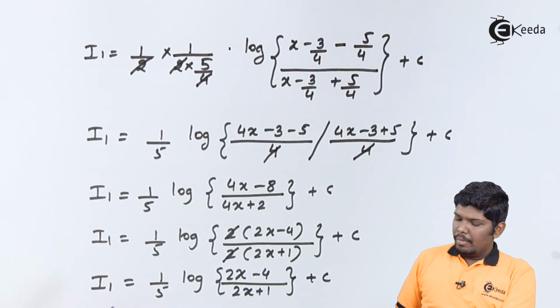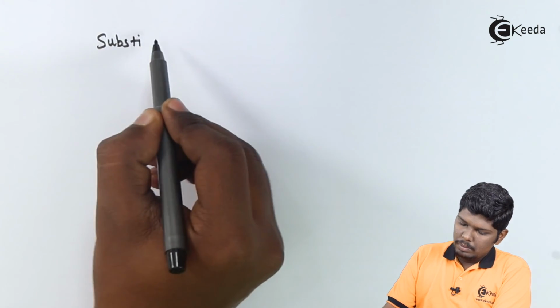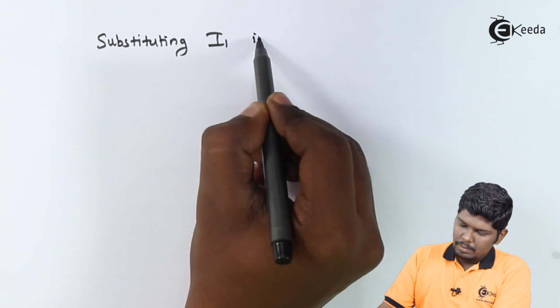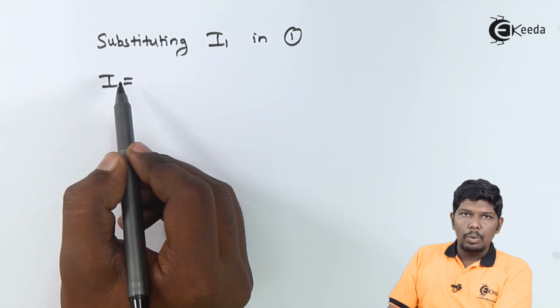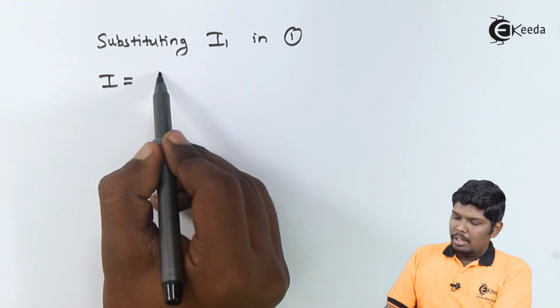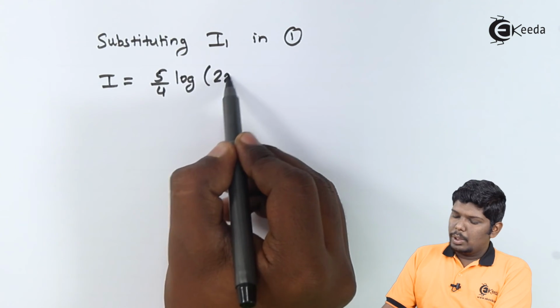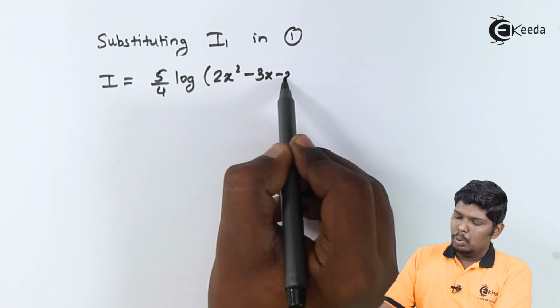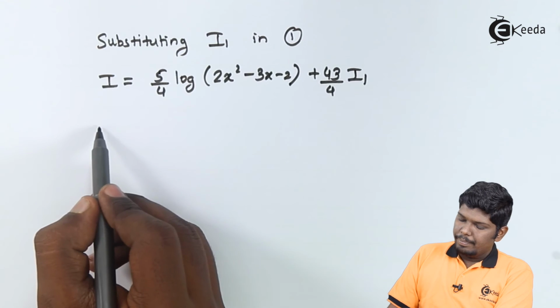Now let us substitute the value of I1 in equation number 1. Our equation number 1 was I is equal to 5 upon 4 log of 2x square minus 3x minus 2 plus 43 upon 4 I1.